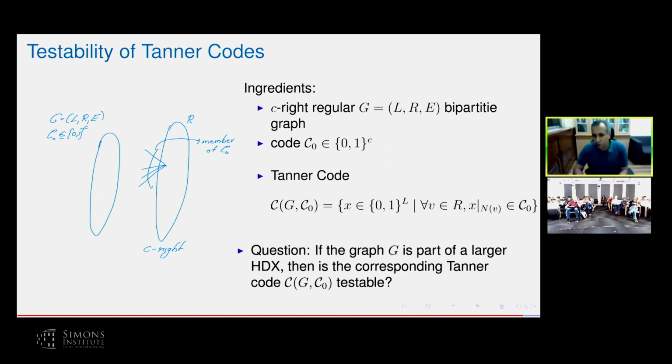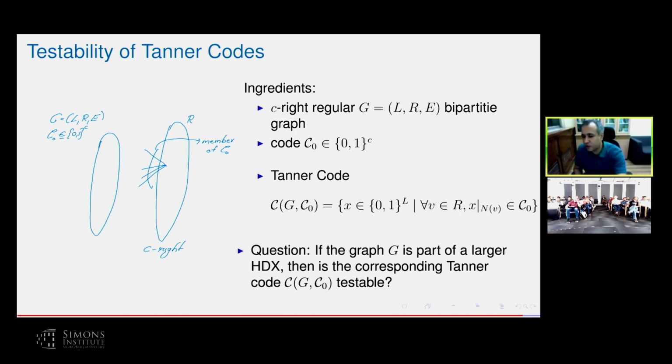There are some preliminary results: if the underlying high-dimensional object has extremely good agreement testing results, the way I stated in yesterday's lecture, then one can in fact prove such a result. But of course, these are extremely strong agreement testing results, so strong that we don't know how to prove them, and for all we know they might be false. But one can show that if you have such a high dimensional object, then there is an underlying agreement testing theorem, and one could use that in principle to prove local testability.